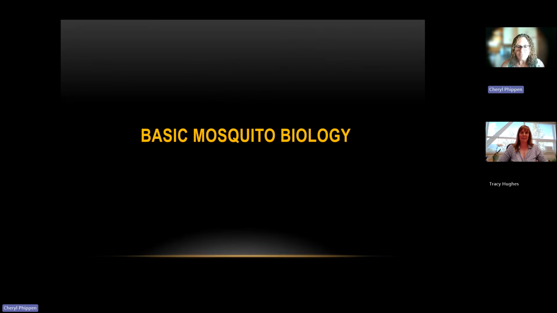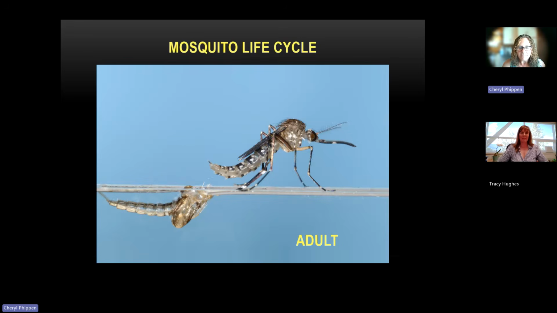Today I just want to go through a little bit of basic mosquito biology and then give an overview of what we do to control mosquitoes, and then do a little bit of math to give people an idea of how many mosquitoes are out there and what that means for residents in the affected areas.